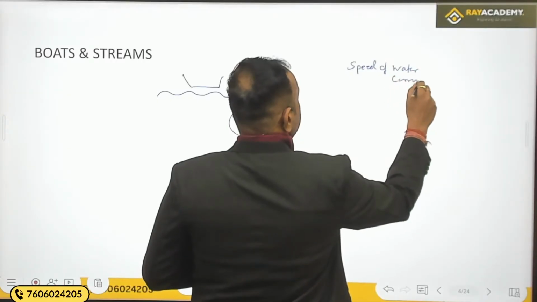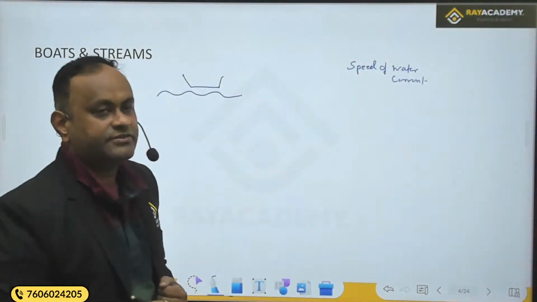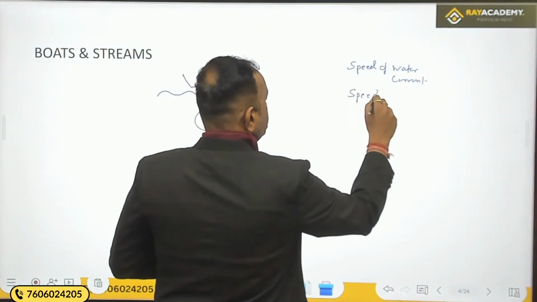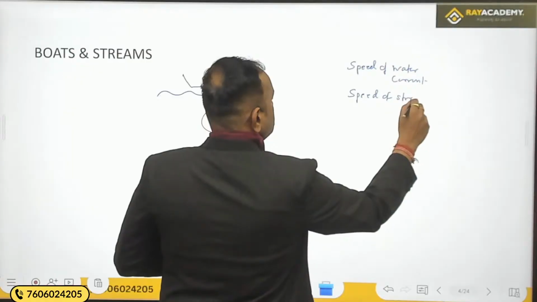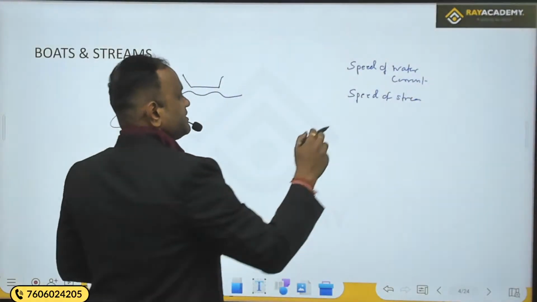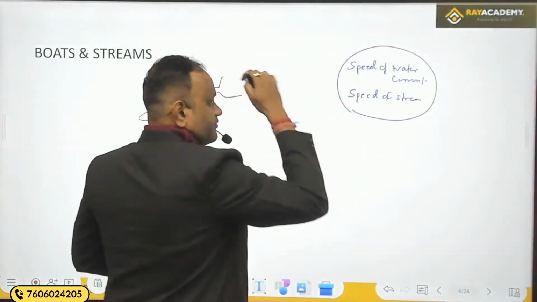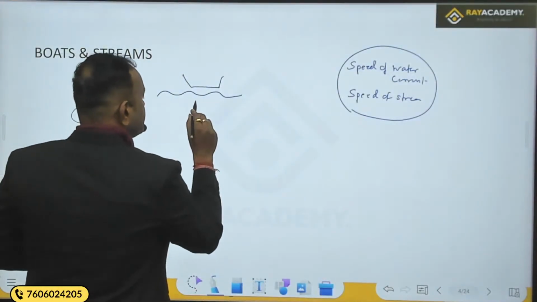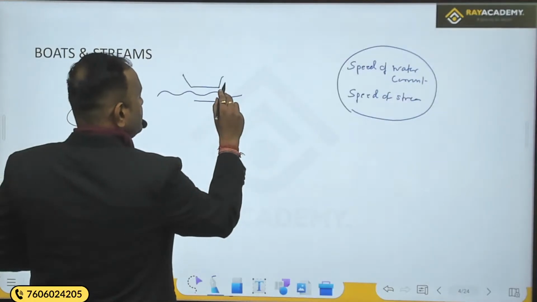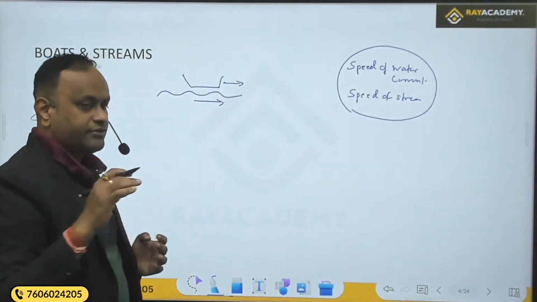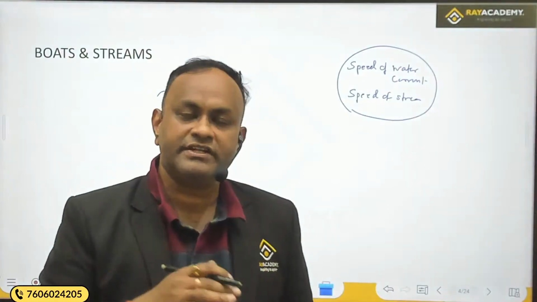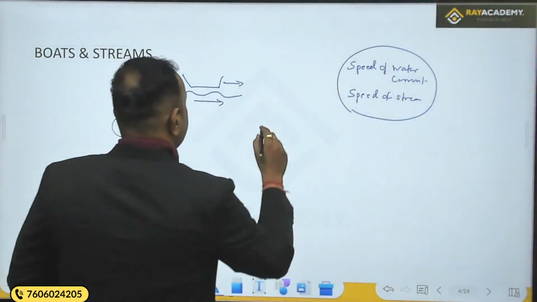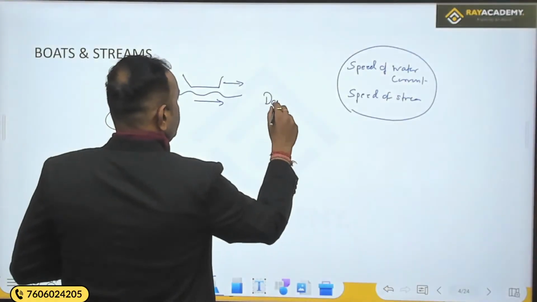Normally, the speed of water current or the speed of the stream, both are the same thing. Let's say the speed of the stream is in this direction and the boat is traveling in this direction. Suppose the boat travels in the same direction as the stream; that is called downstream, that terminology is downstream.